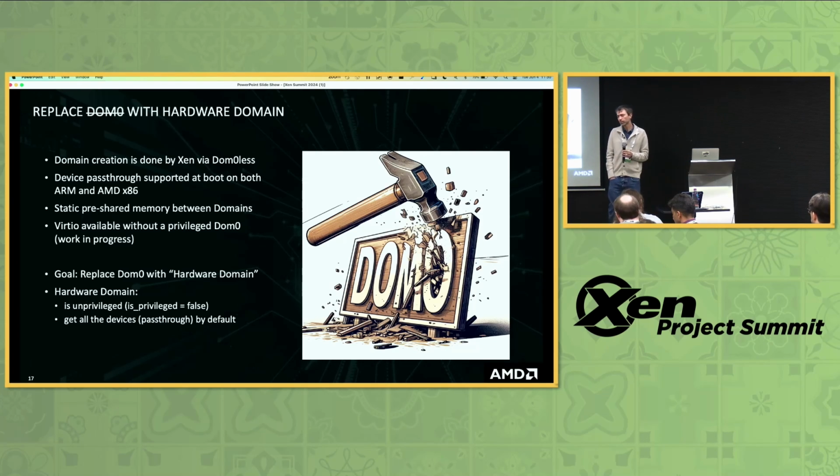What I mean is, it's OK to have a domain that by default gets all the hardware. It's not just OK, it's very convenient too. But it doesn't have to have privileged equal true. So our goal, shortly, in the next few months, is to work on hardware domain configuration so that you can have a DOM0 which is not privileged, or a hardware domain, whatever you want to call it, on both ARM and x86.